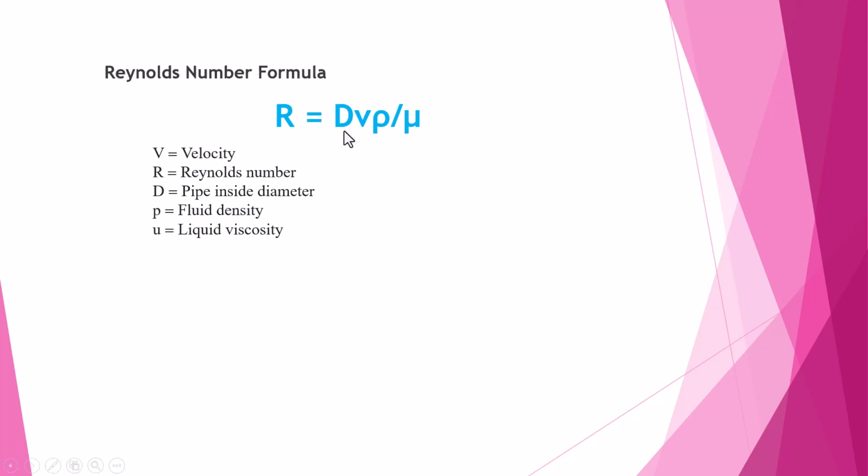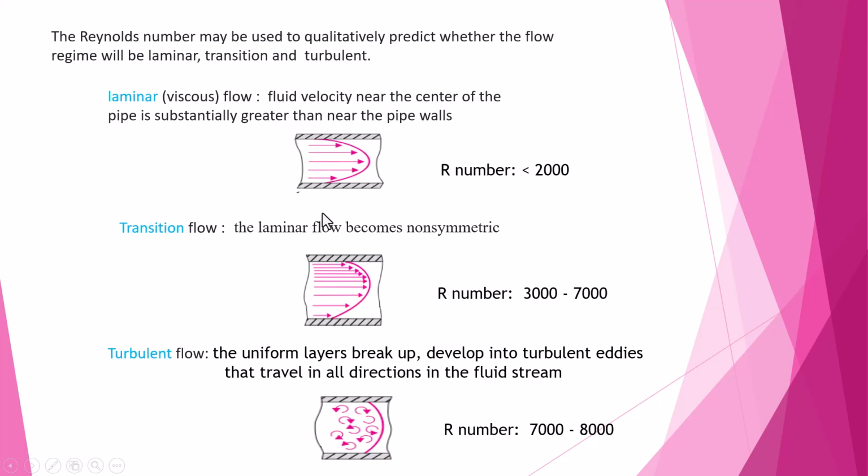D is the pipe inside diameter. R is the Reynolds number. ρ is the fluid density, sometimes we call it rho. μ is the liquid viscosity.